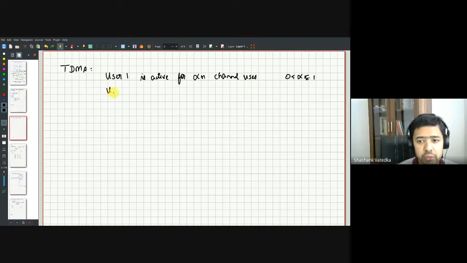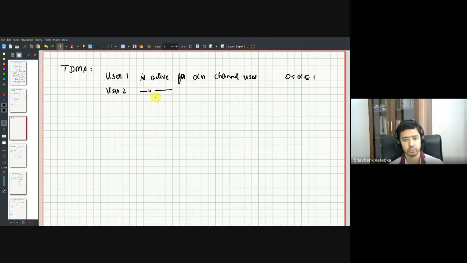And for the remaining 1 minus alpha n channel uses, user 2 is active. So when user 1 is active, user 2 is silent, and when user 2 is active, user 1 is silent. We'll see what it means for a particular user to be silent or active.